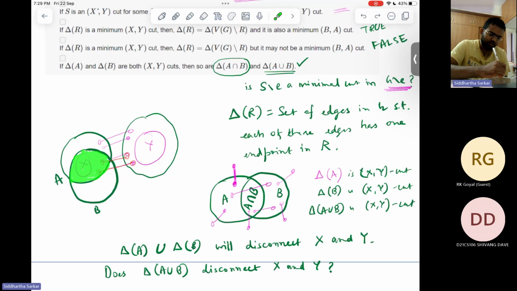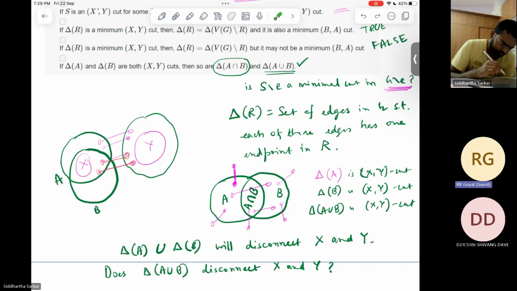So this is the intersection B, the one that I have highlighted, and delta of A intersection B is all the edges out of this region. Now, if this edge is still there, you're saying such an edge cannot exist. Actually, at this point, I thought of delta A intersection B differently.